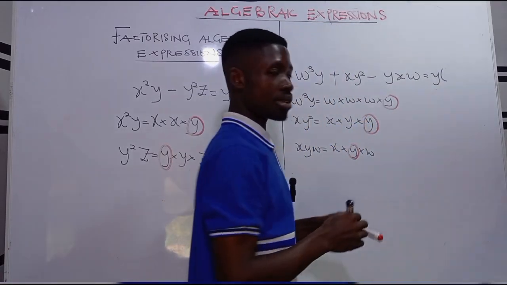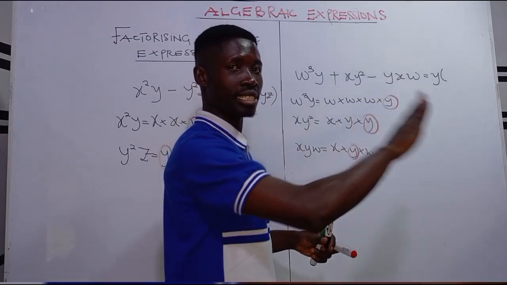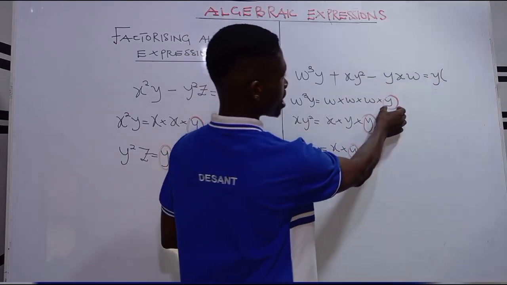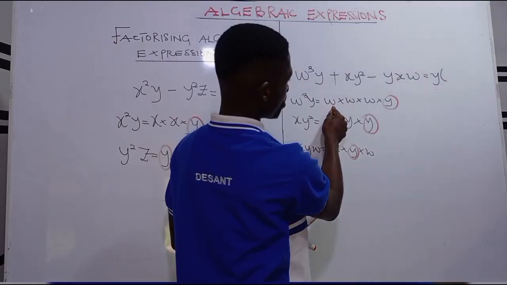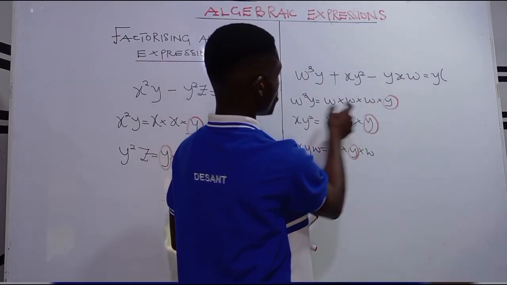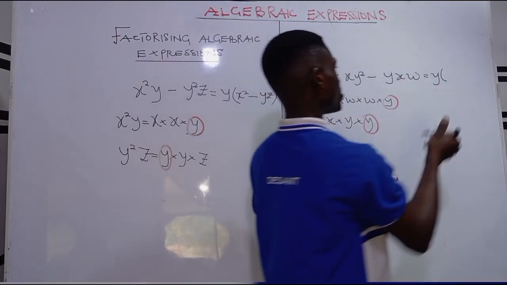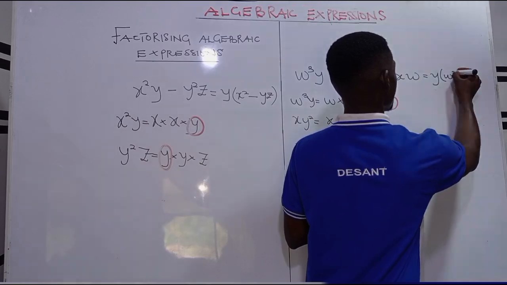We bring it outside the bracket and write the rest of the factors inside the bracket. After bringing this y out, we are left with w times w times w for this term, and that gives us w cubed.